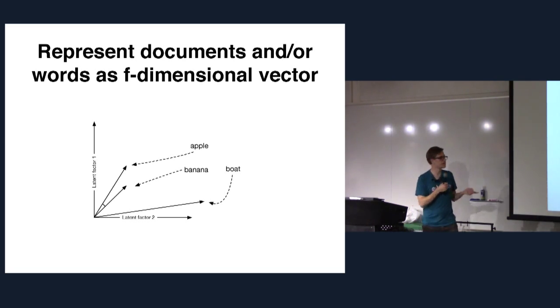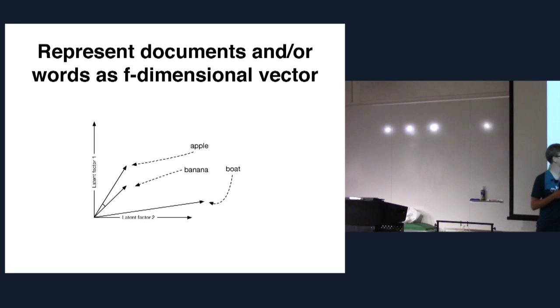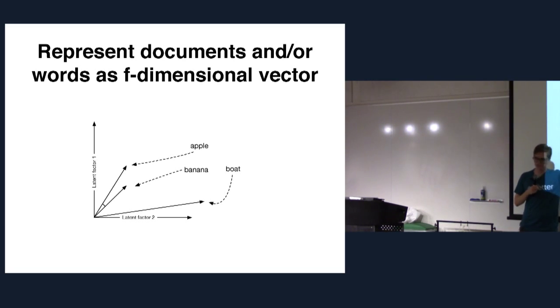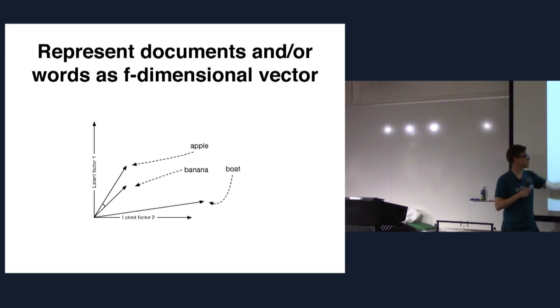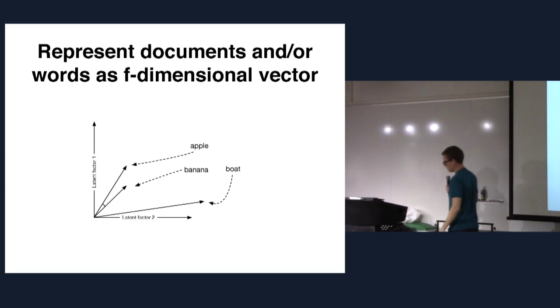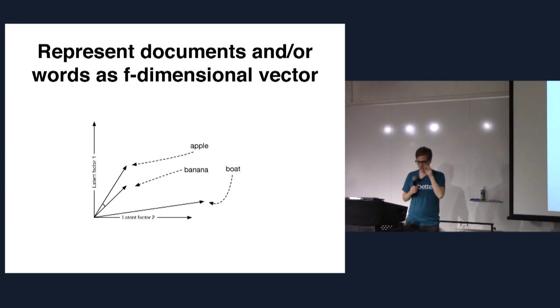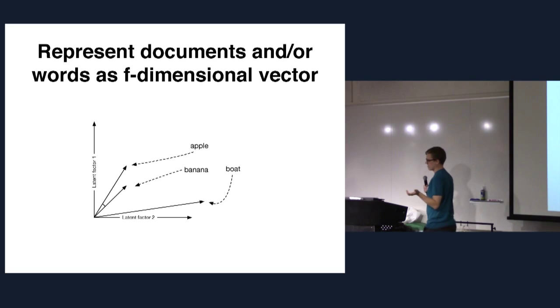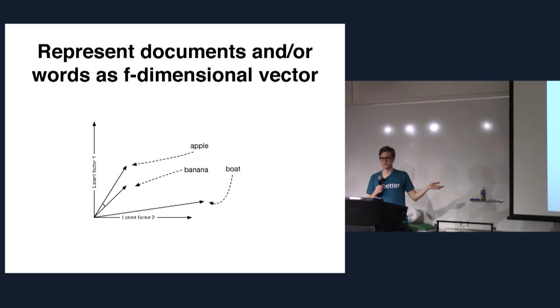So we're taking words and projecting them down to some space that captures semantic similarity, right? So in this small dimensional space, words that are similar end up close to each other. It's kind of a silly example, like apple and banana are similar, but less similar. That's the idea, right? And this works. You just need a lot of training data, a big corpus of text. You can do this for documents too.